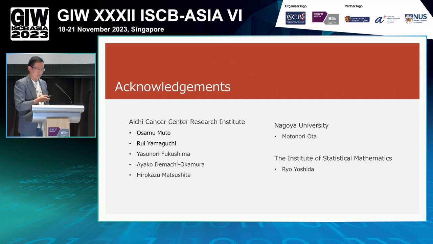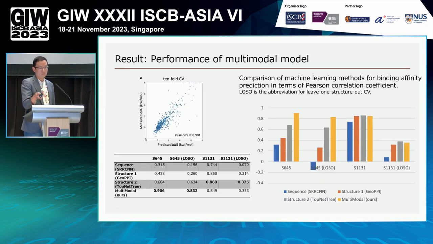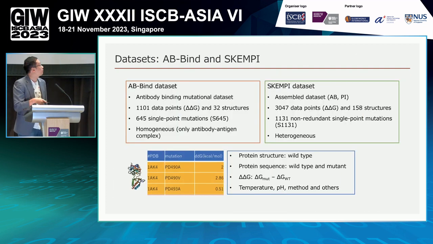Can I show my slide back? In the AB-Bind dataset, we have 32 structures.